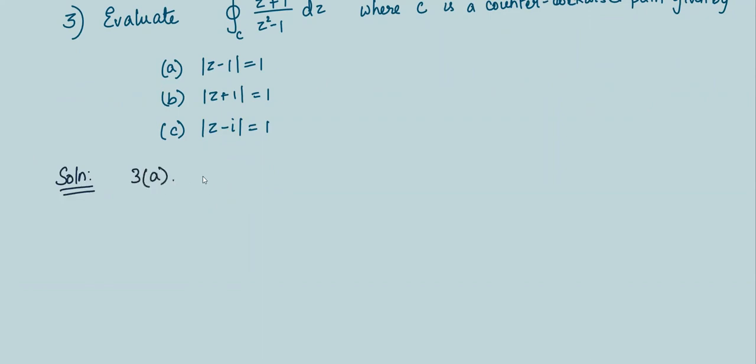First one. C is the path given by modulus of z minus 1 equal to 1. That means center at (1, 0) and radius equal to 1.